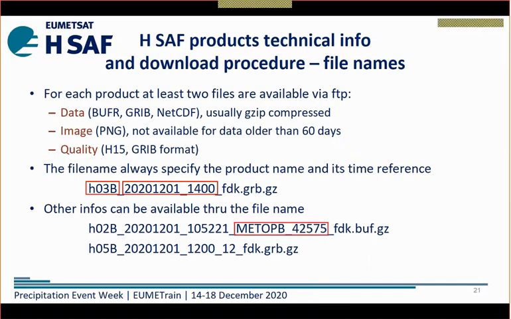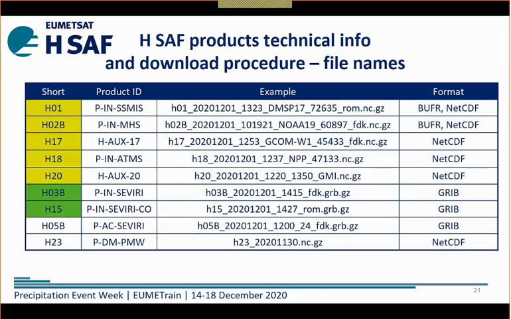For example, here we have this H02 product obtained from a Metop satellite with the orbit number 42575. In the last example, the 12 represents that the total amount of precipitation of H05B at the 1st of December, 12 o'clock, refers to 12 hours adding up.